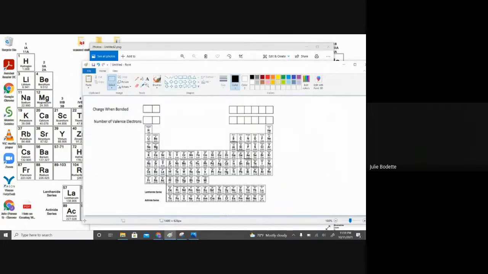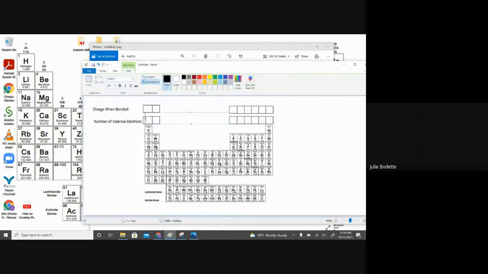So number of valence electrons. This first column here, these guys have 1. These guys have 2. They have 3. 4, 5, 6, 7, 8.